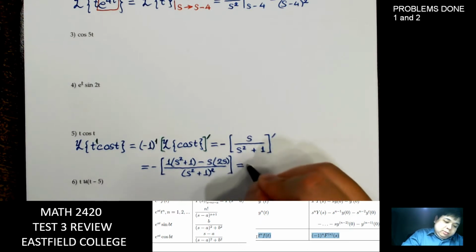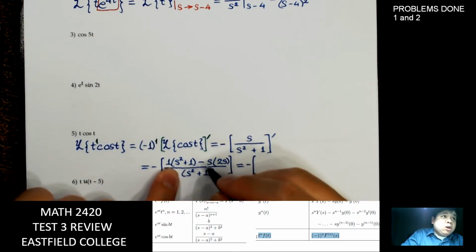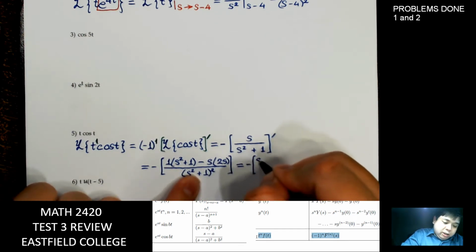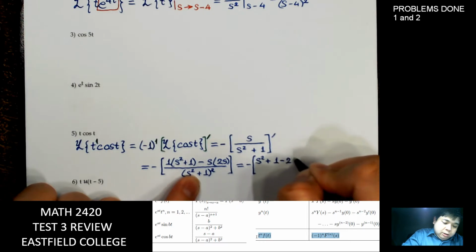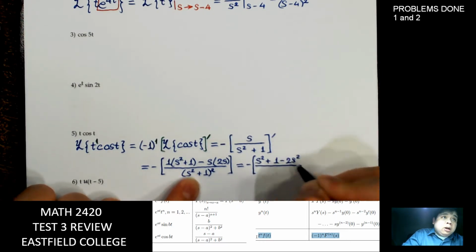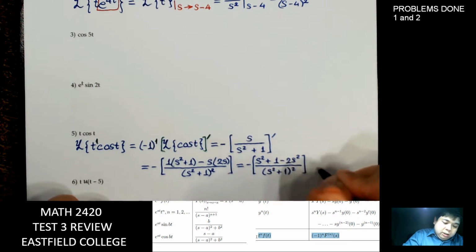The top we have s squared plus 1 minus 2s squared. The bottom is s squared plus 1, all that squared. Put everything together.